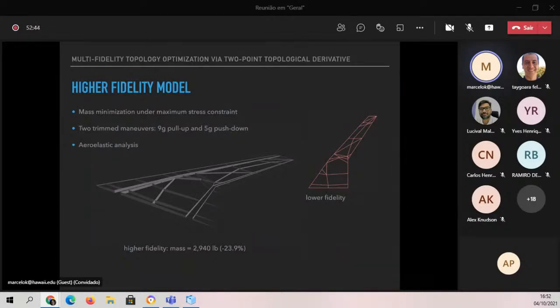We are very pleased with the preliminary results. As I said, we can still reduce the mass, whereas the methods that are available in the literature or commercially cannot. But I need to do more cycles here, more studies, but we are pleased with this initial result.